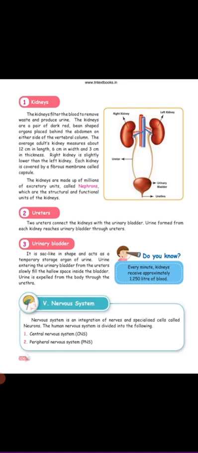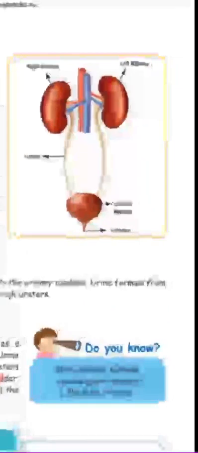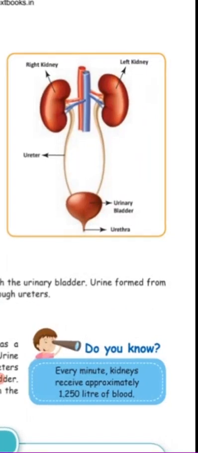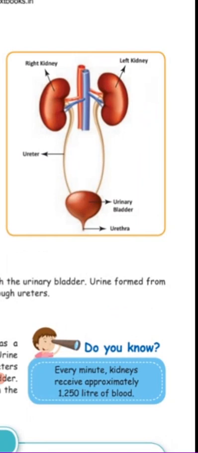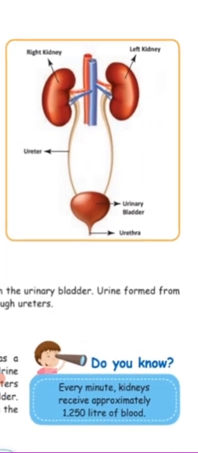Just see the picture, how is the shape? It is dark red in color and looks bean shaped. The kidneys are a pair of dark red bean shaped organs placed behind the abdomen on either side of the vertebral column.